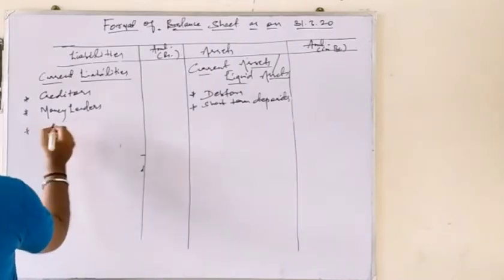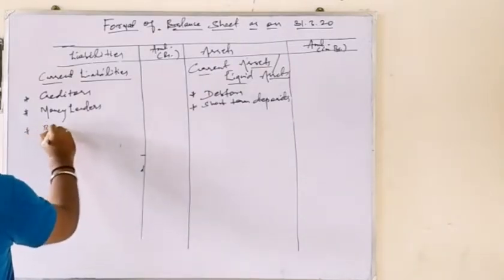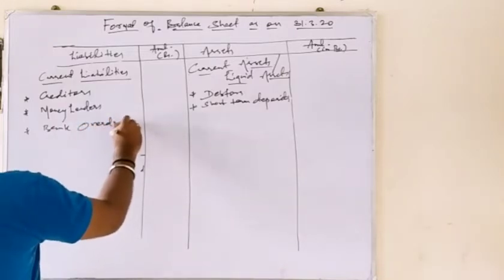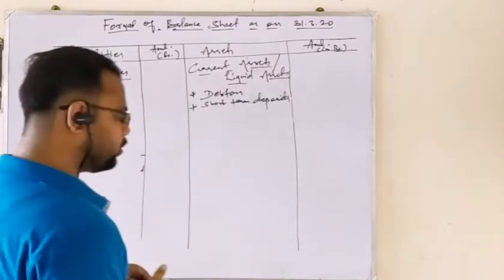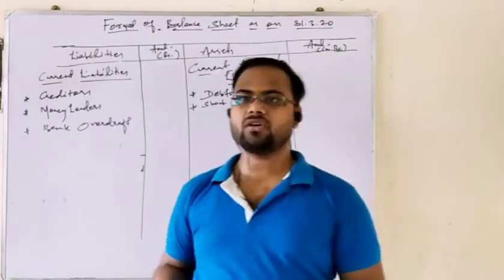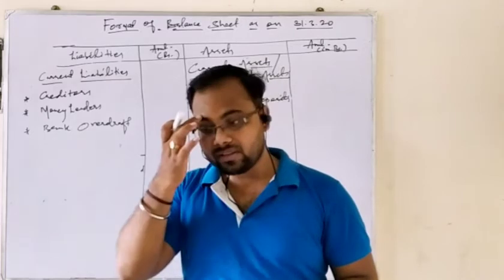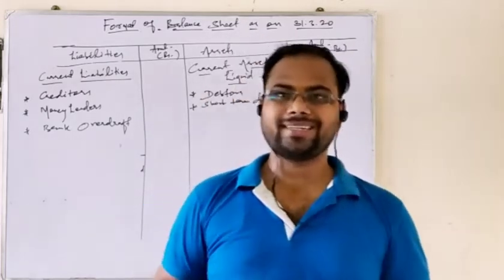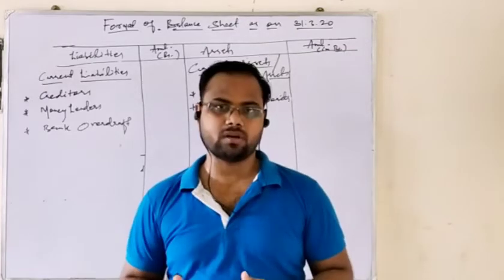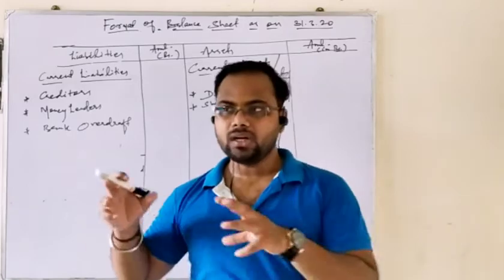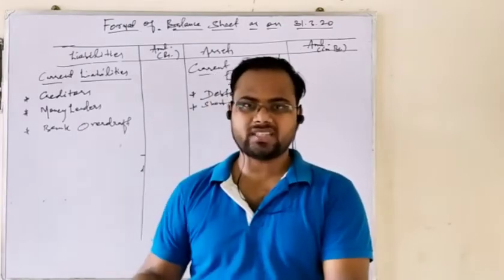Then here, bank overdraft. Do you know what bank overdraft is? Overdraft refers to the amount in excess of your bank balance. It is a facility given by a bank or financial institution to a regular or renowned customer. That means you do not have that balance, and you can withdraw over your existing balance.